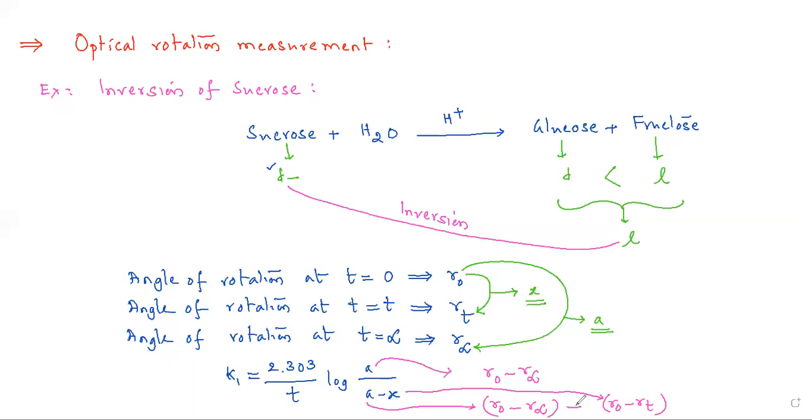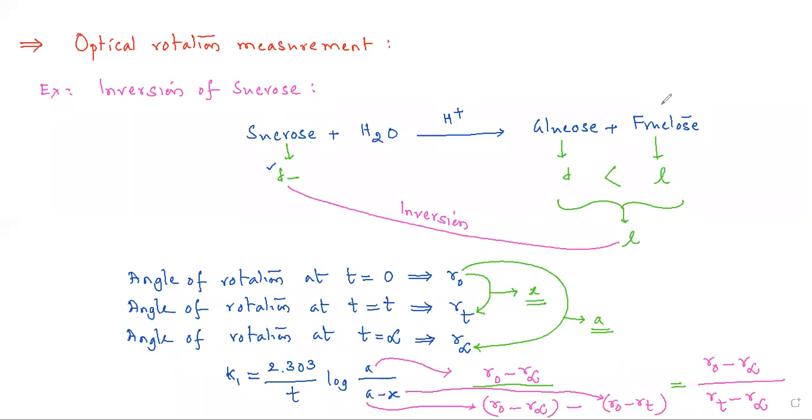Now, this can be written finally as R0 minus R infinite by R0 minus R infinite minus R0 plus Rt. That is equal to R0 minus R infinite by, in the denominator, R0 anyway gets cancelled, so Rt minus R infinite.